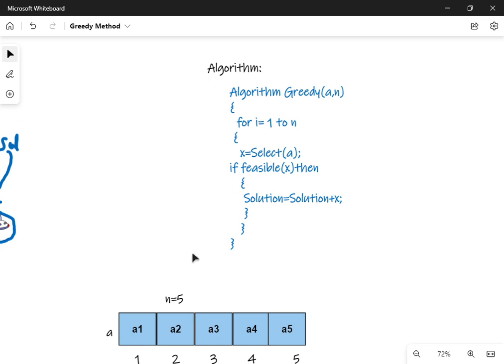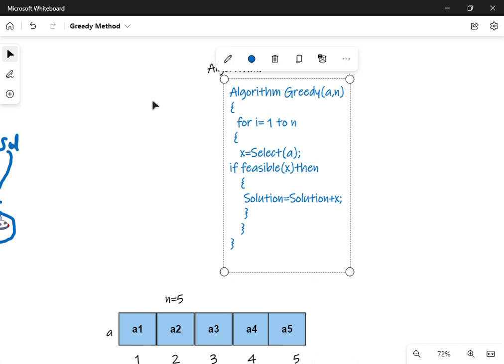Let me start with the structure. In this method, here A is a problem and n is the size, the number of inputs. Here I am using a for loop from 1 to n.